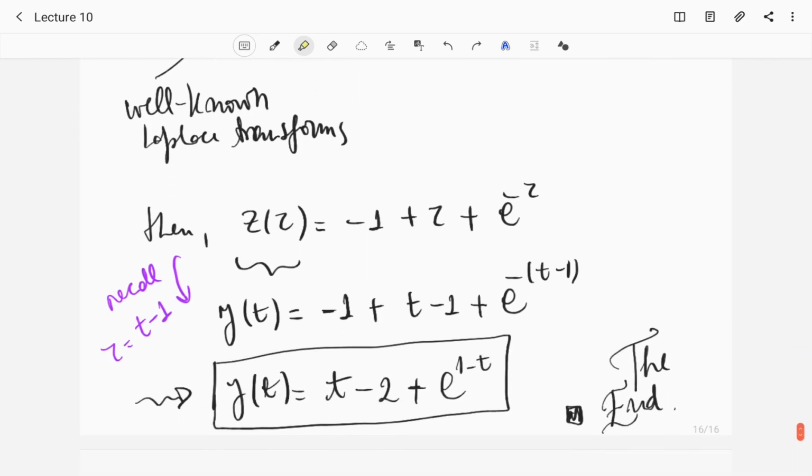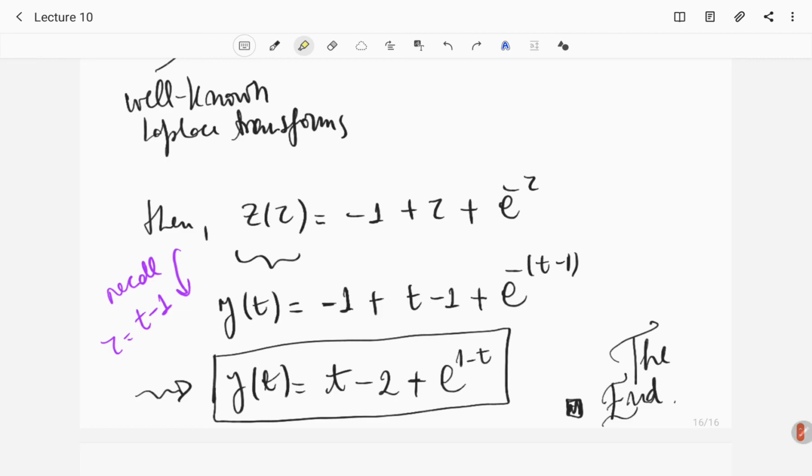So recalling this identity, tau is equal to t minus 1, we get that the solution of the equation, y of t, is equal to this minus 1 that we have here. Each time we have a tau, we have a t minus 1.